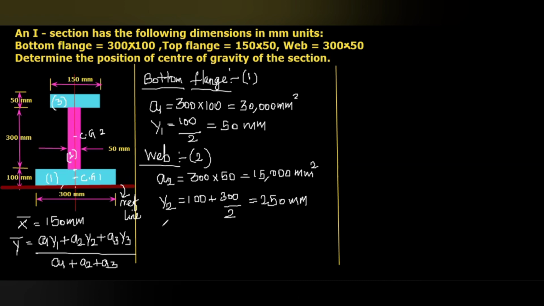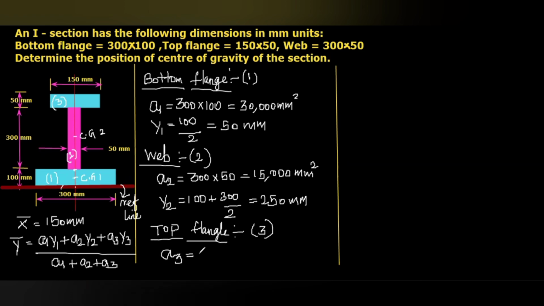Then the top flange, that means rectangle 3 as per the considered numbering. Here, the value of A3 equals 150 multiplied with 50, so we will get 7,500 mm square.